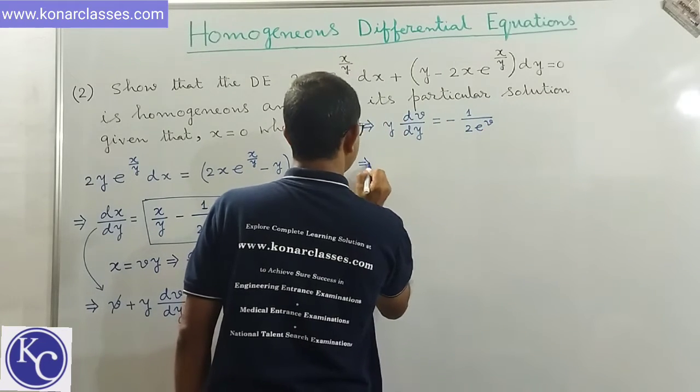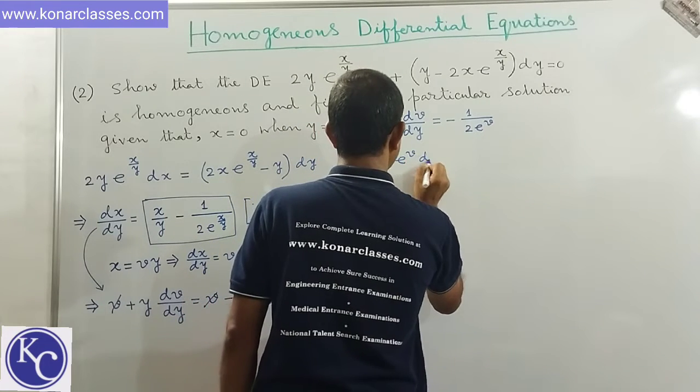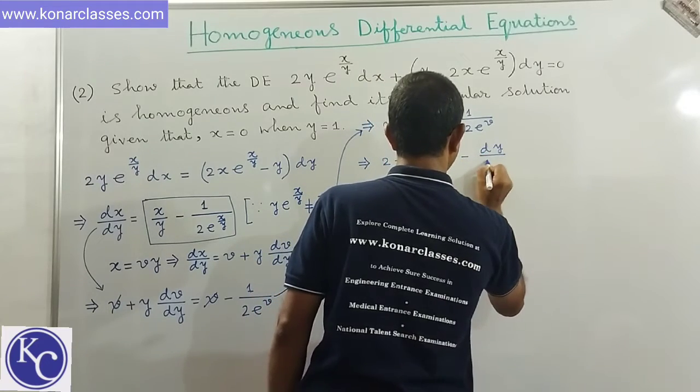This implies 2 into e^v dv is equal to minus dy by y.